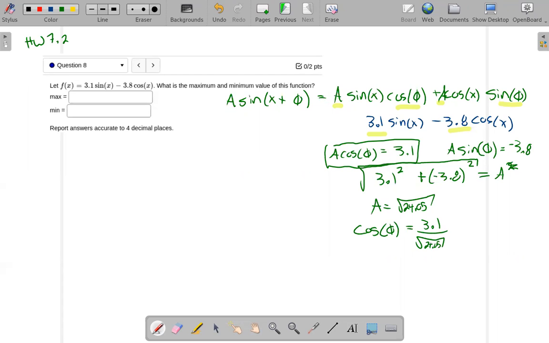And so phi is going to be the arc cosine. And again, the main reason I usually use the arc cosine is if you think about the arc sine and arc cosine, the arc cosine picks angles from 0 to pi.